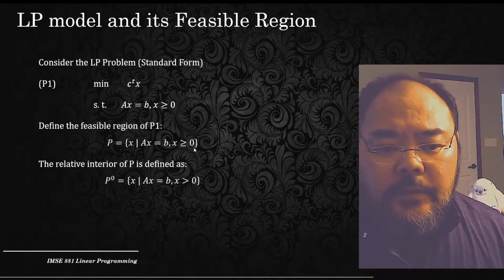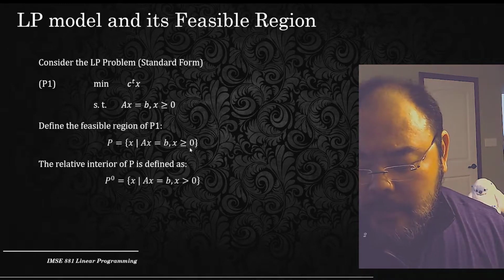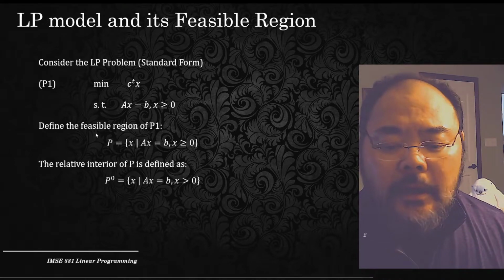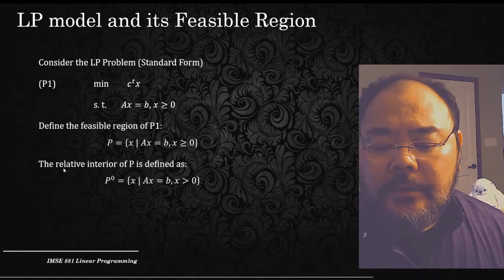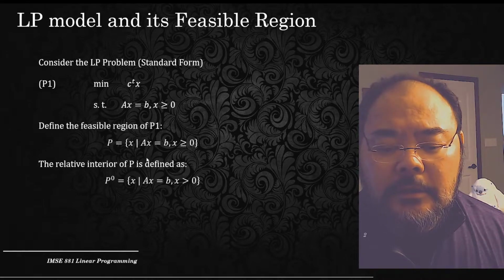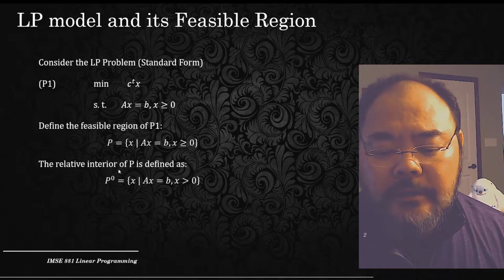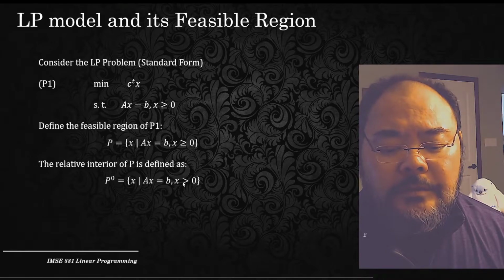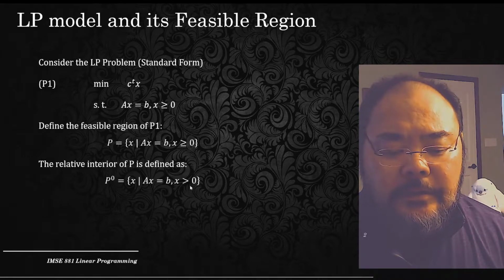But since we're going to try to keep our solution at each iteration not on the corner point, we're going to try to keep the current solution in the so-called relative interior of this feasible region, which means x is greater than 0 instead of greater than or equal to 0.